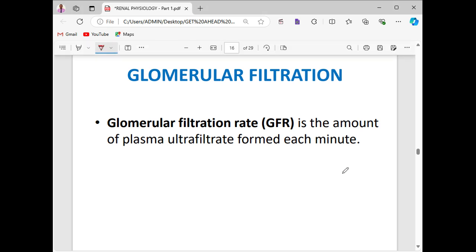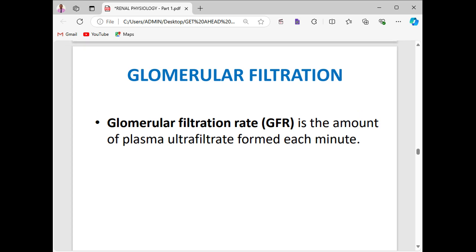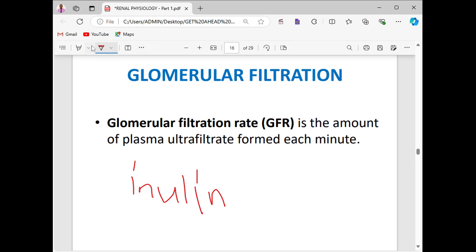The ideal glomerular marker is inulin. This is the ideal glomerular marker, inulin.